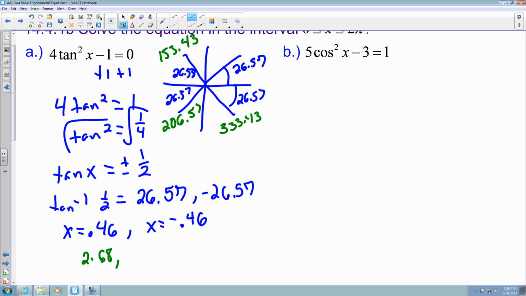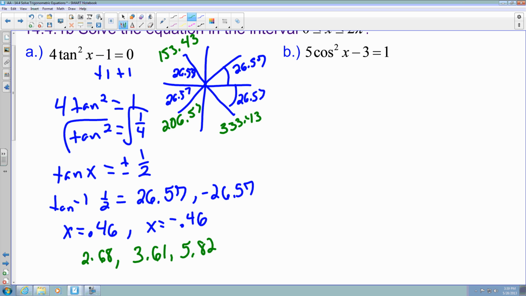And then if I take 206.57, multiply it by pi, and divide it by 180, I get 3.61. And then the last one, 333.43, multiply it by pi, and divide it by 180, is roughly about 5.82. Okay.